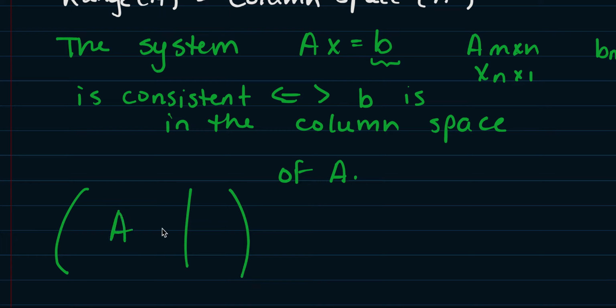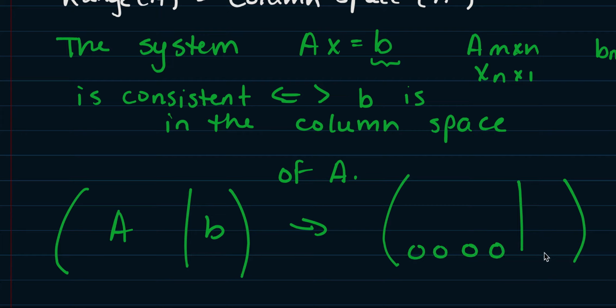We put A here and we put B here, and it's consistent if, when we figure out the reduced row echelon form, we don't have a row of zeros and then some non-zero number here like a 5. If we have this, it's inconsistent. If we have a row of zeros but we also have this being 0, then it is a consistent system. So inconsistent: non-zero here but lots of zeros here, and consistent as long as that doesn't happen.